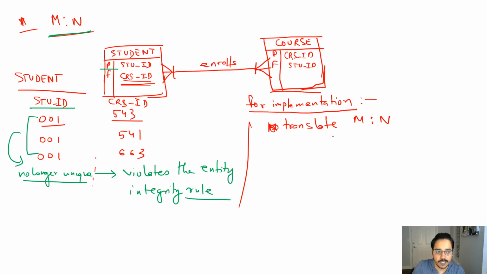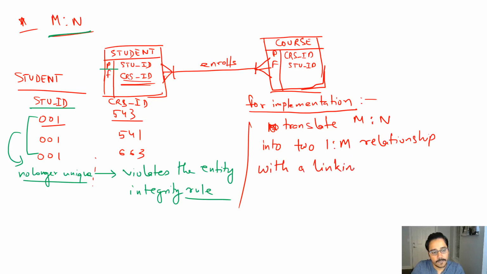But when you're implementing it, you have to translate M is to N into two 1 is to M relationships with a linking table. This is a manufactured, or artificial, table that is implemented in the database environment only for the purpose of establishing the M is to N relationship between two entities.